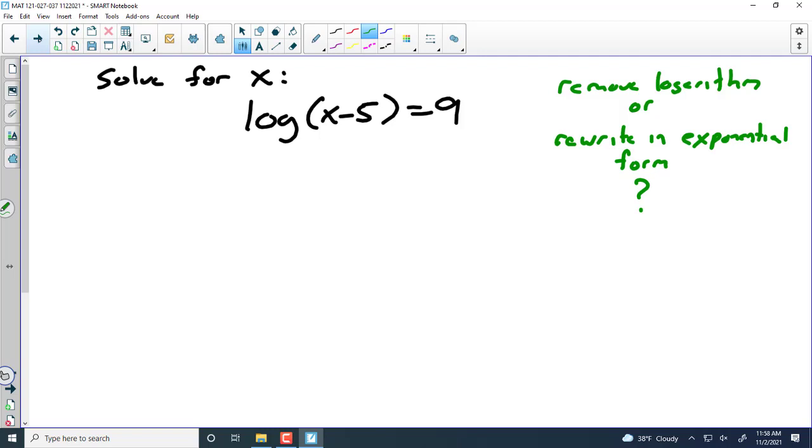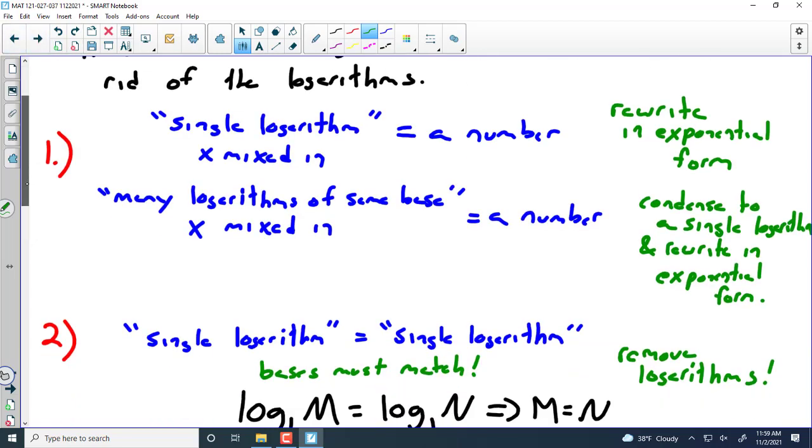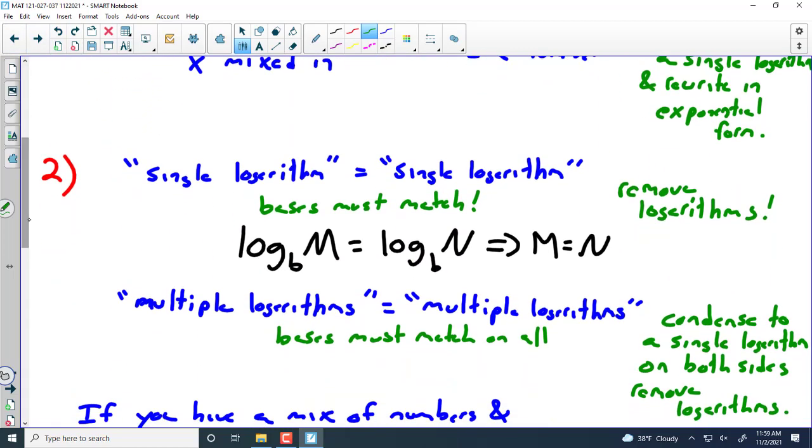Here's an equation that has an x and it has a logarithm. Do we remove the logarithm or do we rewrite in exponential form? What do you think? Take a guess. No one will make fun of you. Rewrite. Why do we rewrite it? The main reason is we can only remove the logarithms when you have a logarithm on both sides.